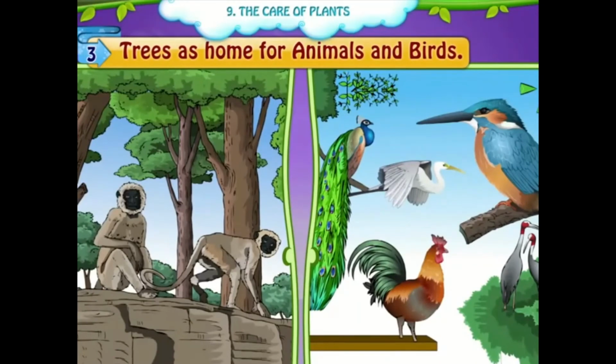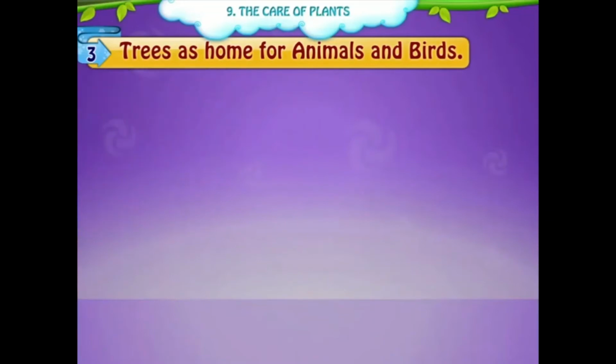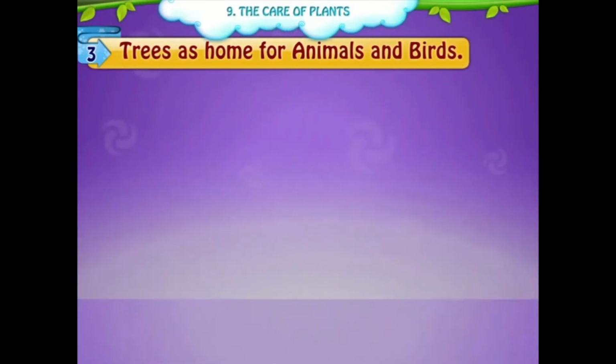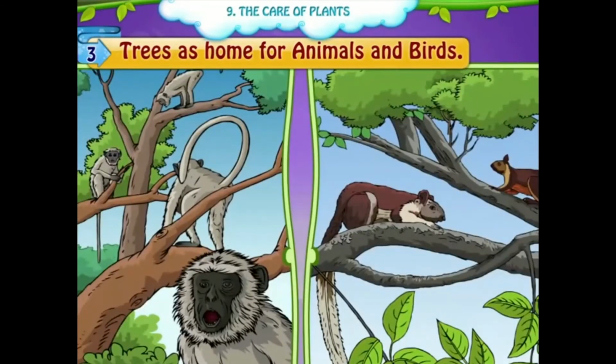Trees as home for animals and birds. Birds build nests on the branches of the trees and feed on the fruits of the plants. Some animals, like squirrels and monkeys, live among the tree branches. They too feed on the fruits of the plants.